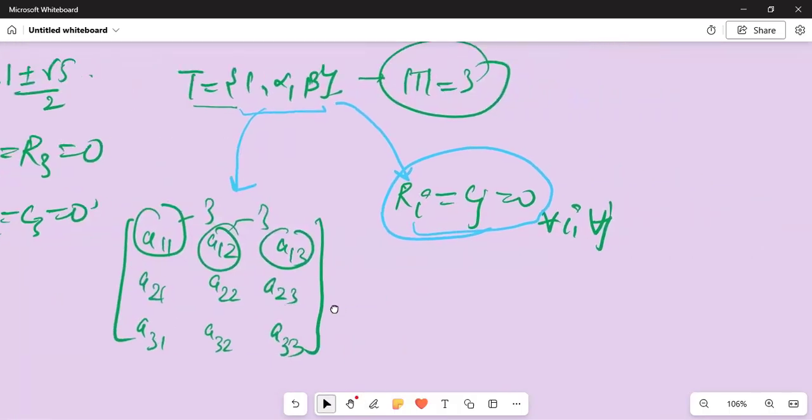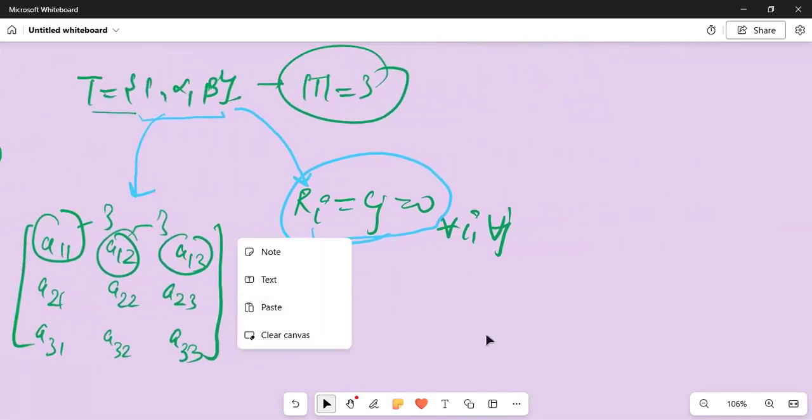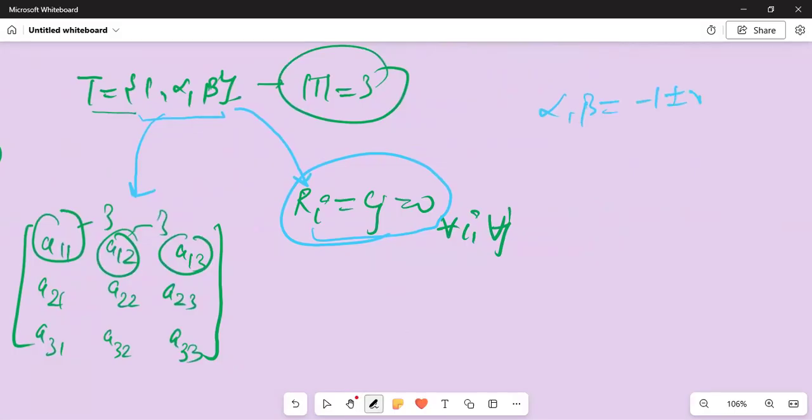If I think of repeating elements in a row or in a column, for example, you know that alpha and beta are given by minus this. These are the values of alpha and beta. If I consider the first row, then can I keep this as the first row or as the first column? Is it possible?